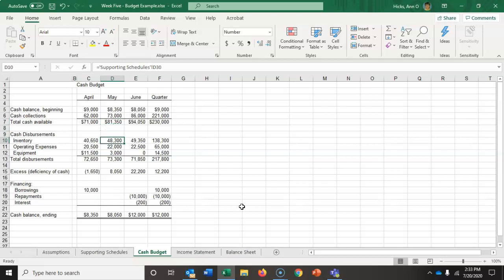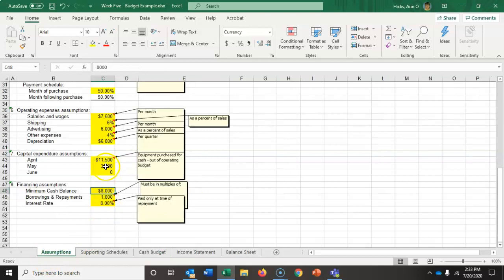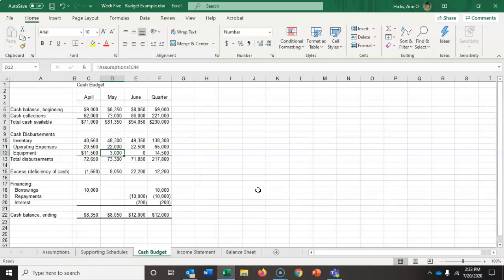The inventory disbursements and operating expense disbursements also will come from our supporting schedule page. If you go back to the assumptions, we had another equipment purchase planned for May to the tune of $3,000. That's a total disbursement of $73,300, which leaves us with an excess of cash of $8,050.